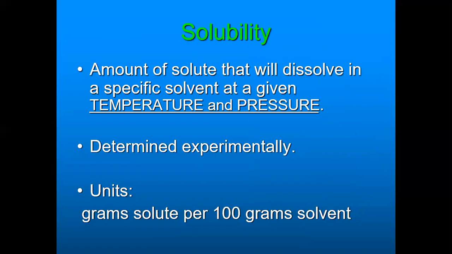Solubility is the amount of solute that will dissolve in a specific solvent at a given temperature and pressure. It is experimentally determined. Okay, it is an experimental value, or in other words, the amount of solute in grams dissolved in 100 grams of solvent.